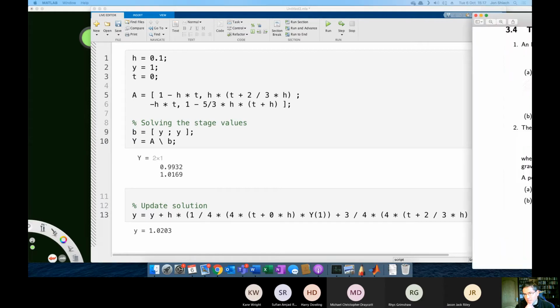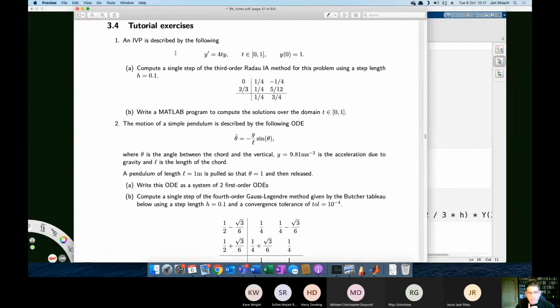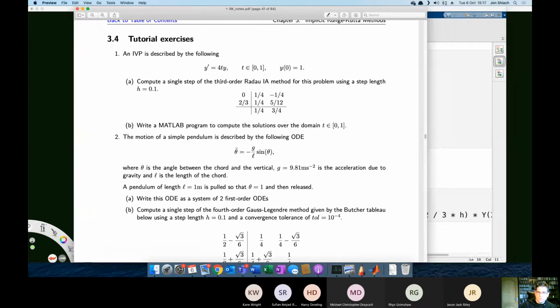If I bring in the question again, you can see here that's solving for one step. We had to solve that linear system to calculate the stage values, and then we update the solution. Now part B says write a MATLAB program to compute the solution over the whole domain, so 0 to 1.